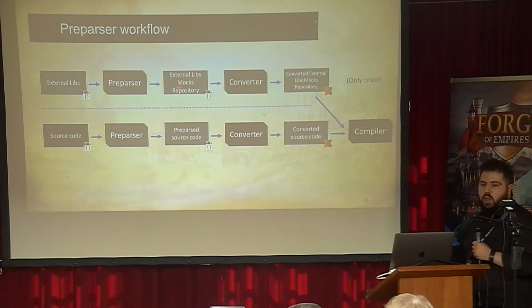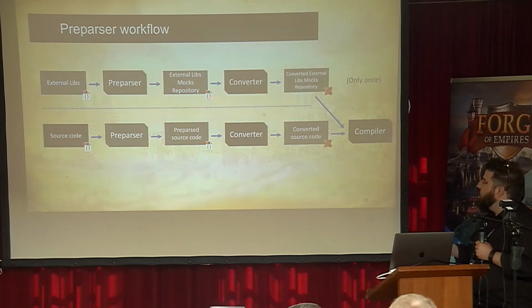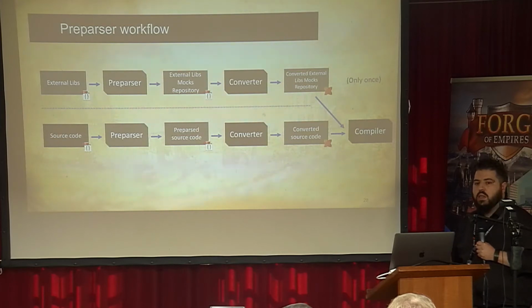So from that original workflow that we had, the source code, converter, and compiler, we have now added a bit of complexity. The first part on top is only to deal with our libraries. We are generating mocks from all of our libraries, which means when we feed this to the compiler, there won't be any more missing classes, methods, and things like that.